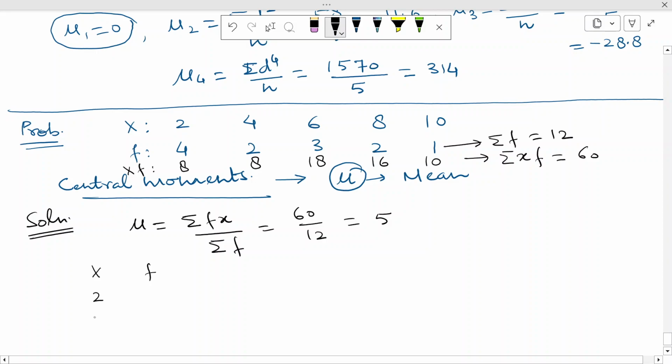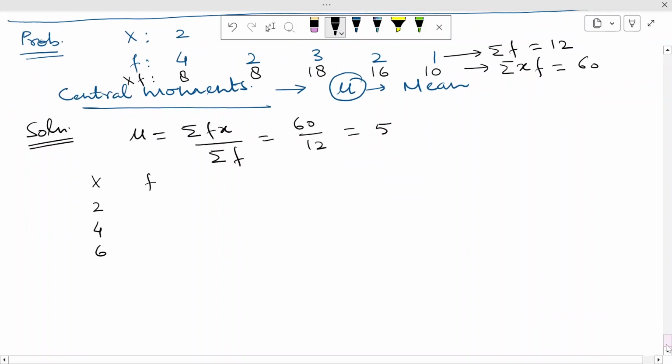The observations are 2, 4, 6, 8 and 10, and the frequencies are 4, 2, 3, 2 and 1. Now first of all we will calculate the deviation, which is x minus mu, or you can say x minus 5.